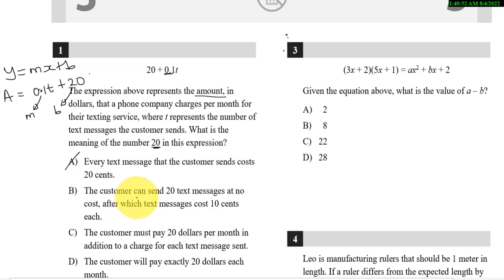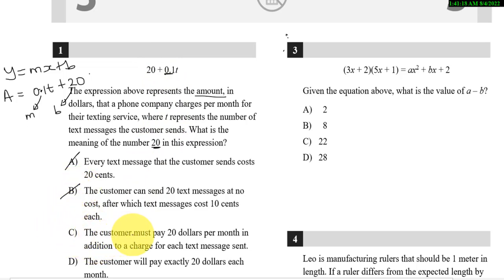This also doesn't make sense, because the 20 text messages are not in any way related to the amount we are talking about. Basically the 20 is an amount added onto the amount that is being charged for every text message. So the 20 are not text messages.